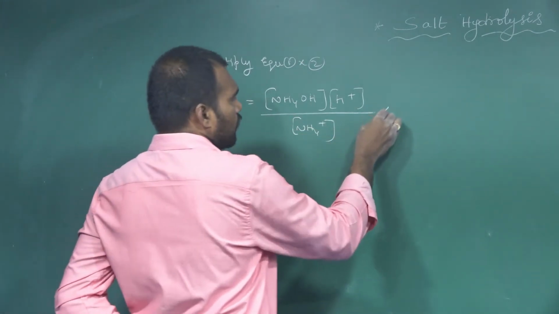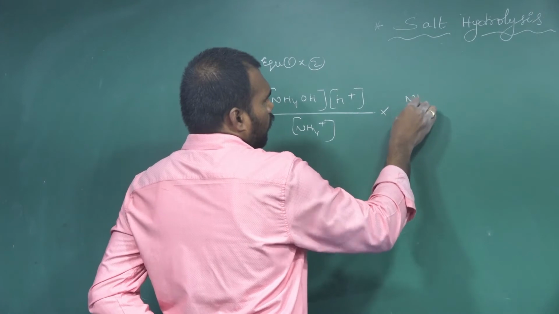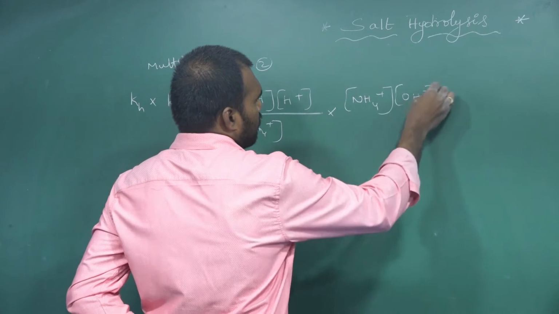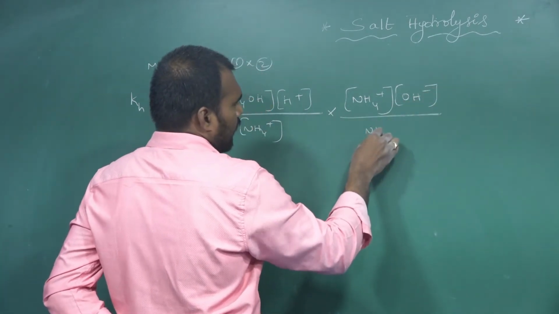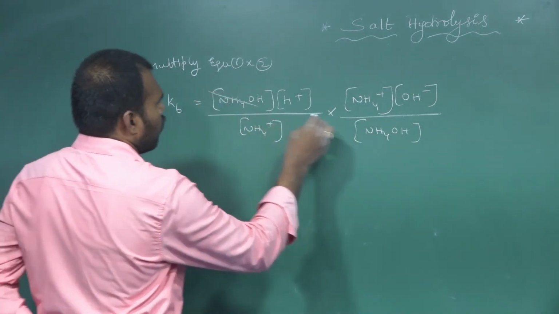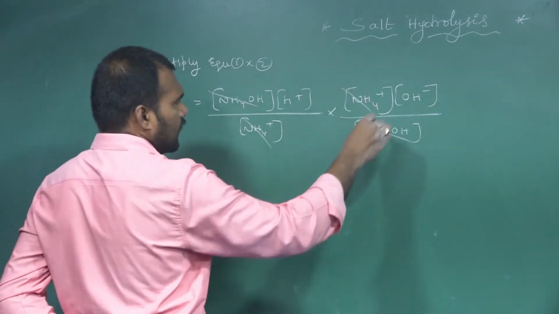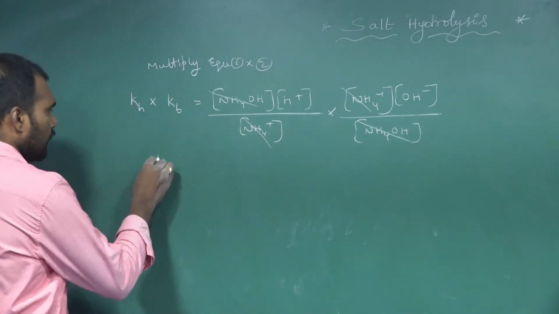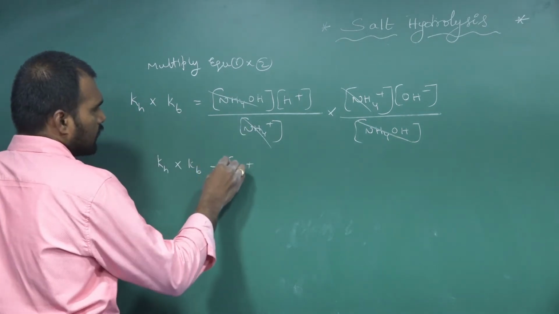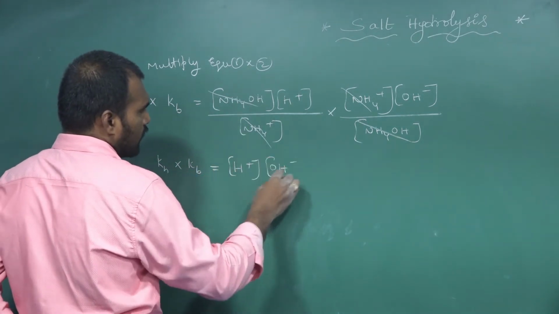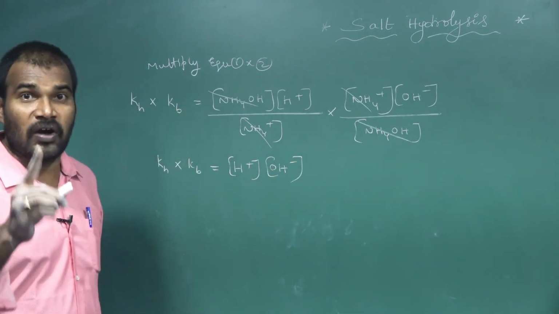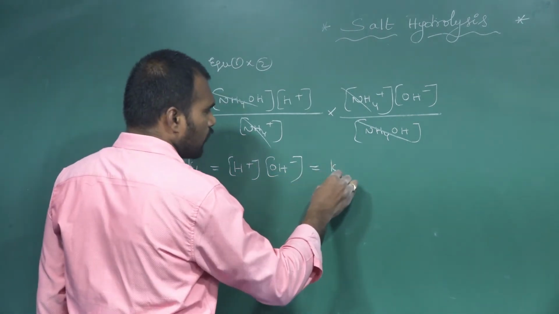And Kb is, into, NH4 plus ion concentration into OH minus concentration divided by NH4OH concentration. Now NH4OH and NH4 plus cancel. Finally, KH into Kb is equal to, what is remaining? H plus concentration into OH minus concentration. The product of H plus and OH minus concentration we call Kw, the ionic product of water, that is equal to Kw.